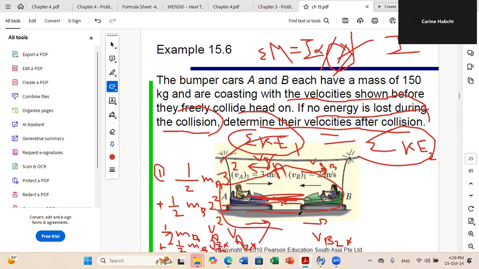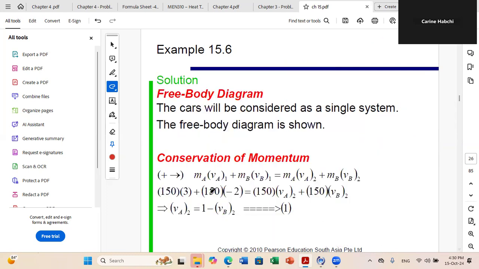And if you consider friction with the ground, it's non-impulsive compared to the force of interaction between A and B. So when you take A plus B as a system, you can apply conservation of linear momentum. And conservation of linear momentum will tell you that MAVA1 plus MBVB1 equals MAVA2 plus MBVB2, and you are applying it in positive x direction.